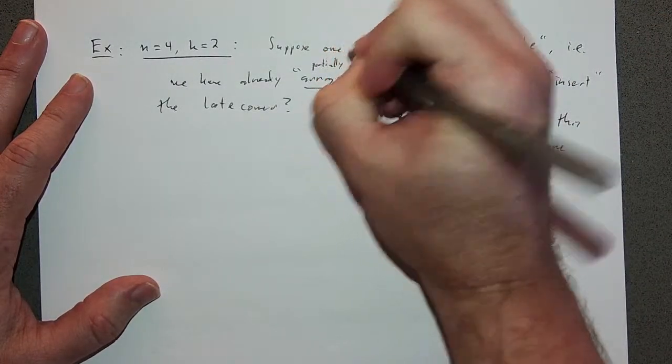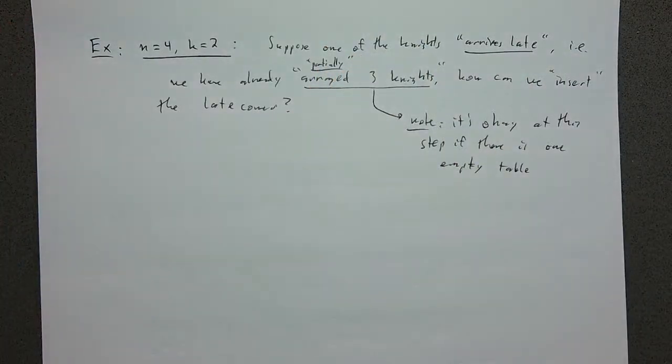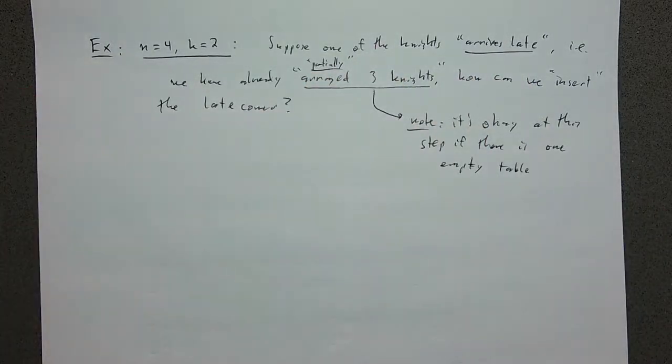Partial. We've partially arranged these knights because maybe the configuration I have at that stage doesn't satisfy what it needs to in what I'm considering a full proper seating configuration. But after the last knight gets there, whatever results after I seat that knight, that has to follow my rules. That has to be a proper seating arrangement.